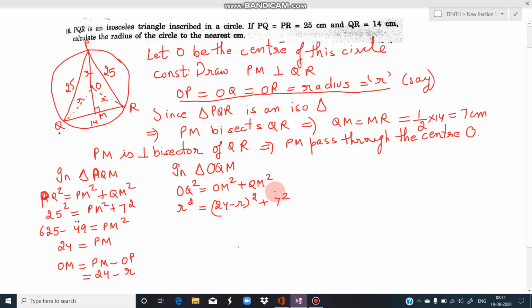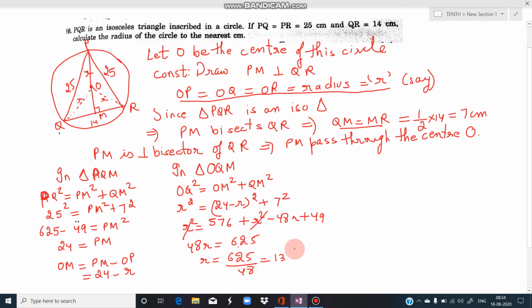So this is 7 square. QM and MR, they are equal to 7. So let us solve it. This is 576 R square, 48 R. This R square cancels. 48 R is 625. So R is 625 by 48.